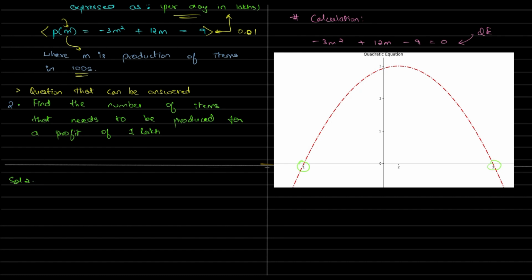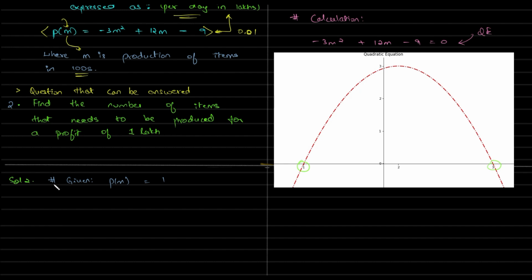Answering the second question. Find the number of items that need to be produced for a profit of 1 lakh. So what is given is the profit we want, 1 lakh. So instead of writing 1 and instead of zeros, we are writing 1 because this particular expression gives a result in terms of lakhs.